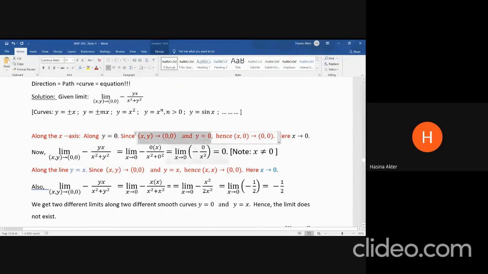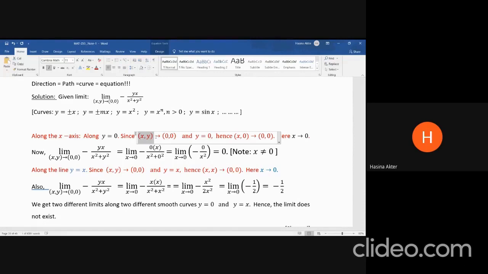if I combine these two, then (x, y) becomes (x, 0) because y is equal to 0. So (x, 0): use the equation to change it from two variables to a single variable. Remember, you have studied calculus 1. You know how to find the limit for a function of a single variable.